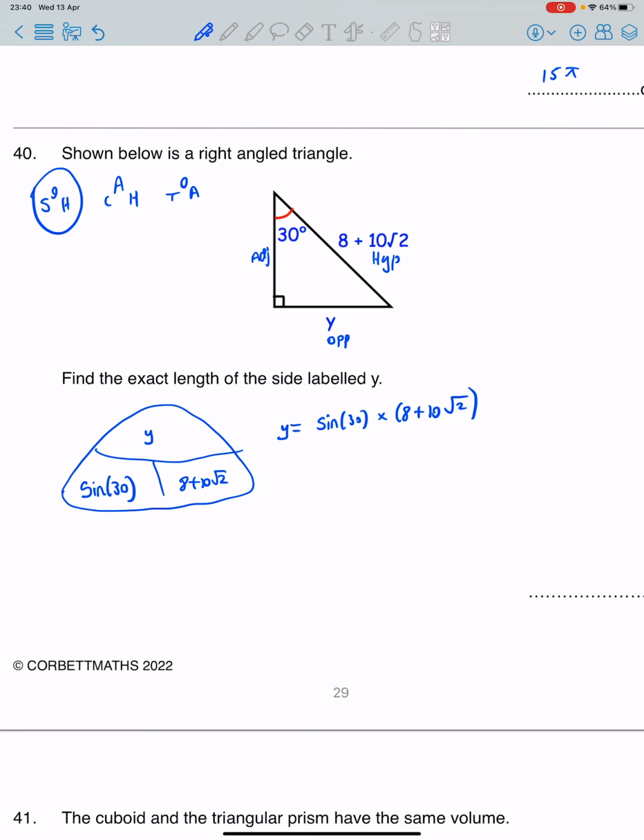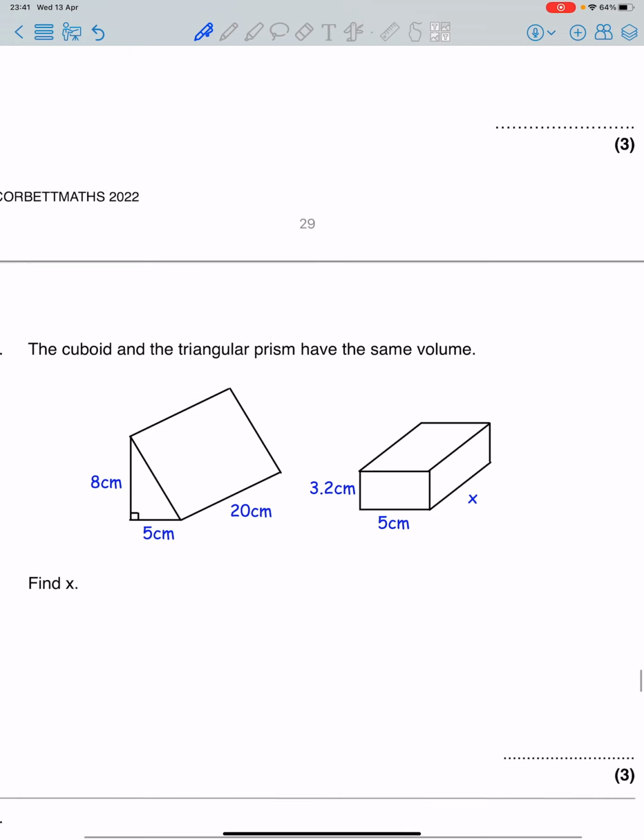Now for this question, you do need to know, because it's non-calculator, that sine 30 is equal to a half. So that's a half multiplied by 8 plus 10 root 2. And applying that, well, a half times 8 is equal to 4. A half times 10 root 2 is just 5 root 2. So it's 4 plus 5 root 2. And that's our answer for y. That's the exact length, so leave it in terms of surds.